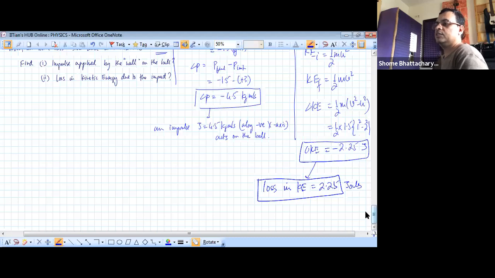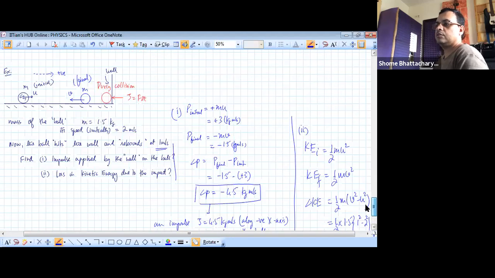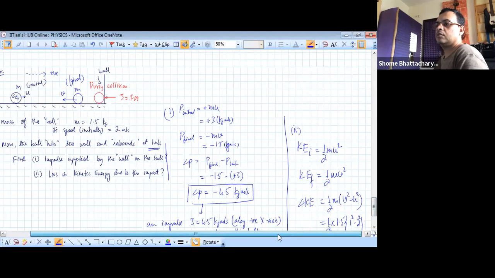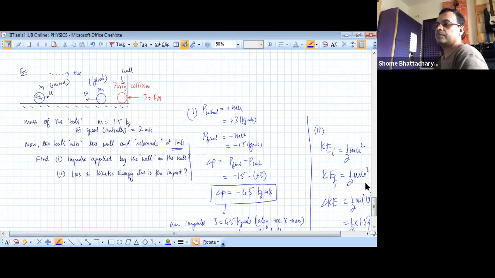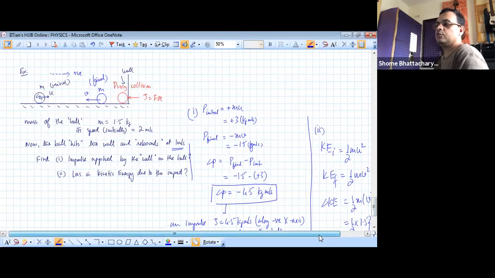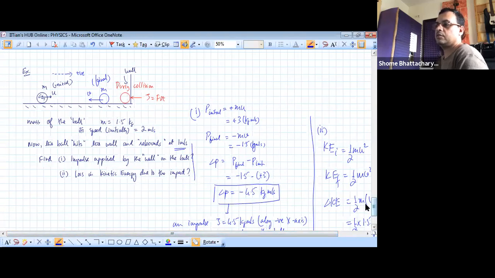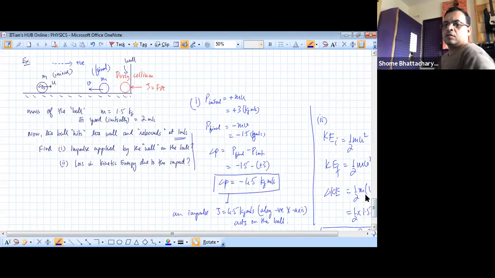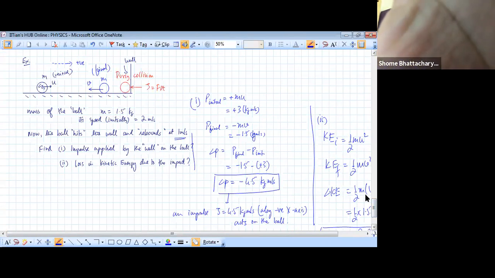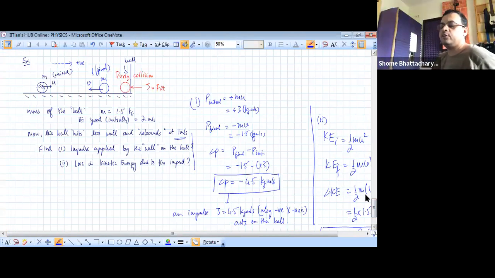Okay, so hope this is clear to all of you. Just note down the first part of the solution first, then I'll come to the second part. Hope it is clear that the impulse will have a magnitude of 4.5 Newton and not 1.5 Newton.